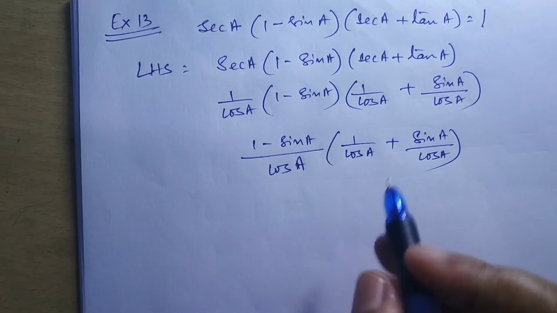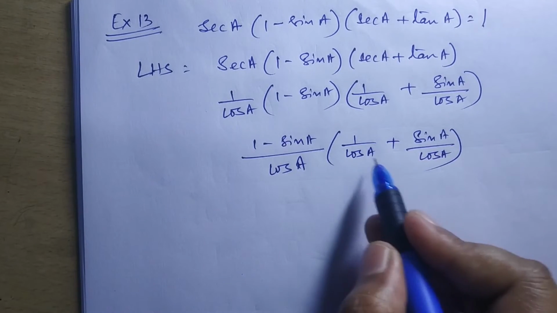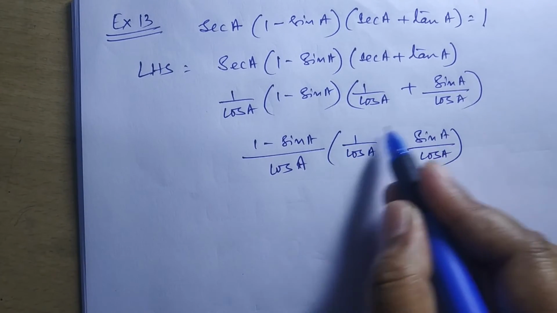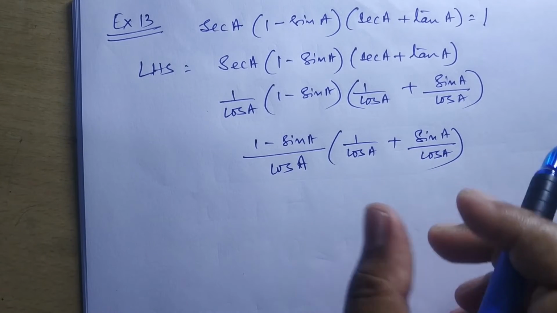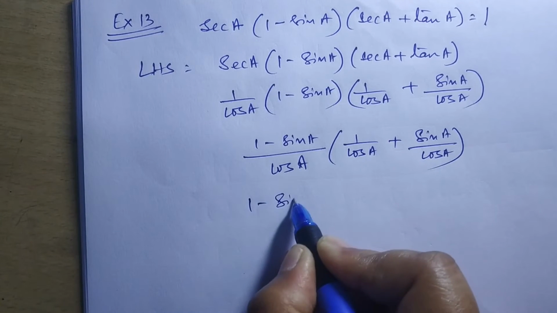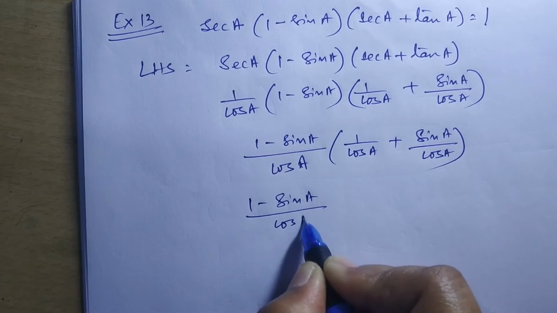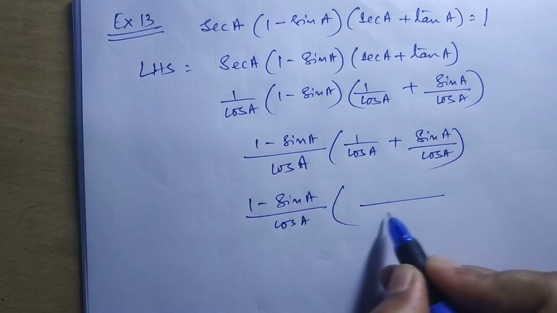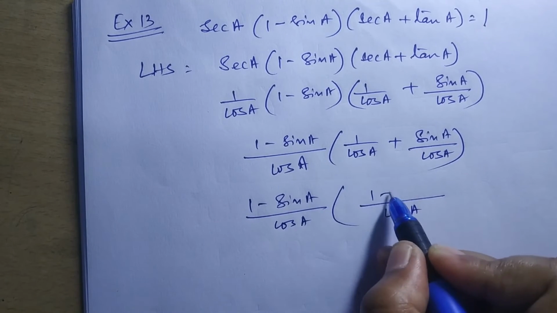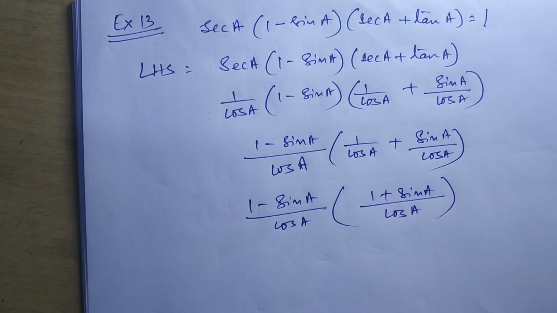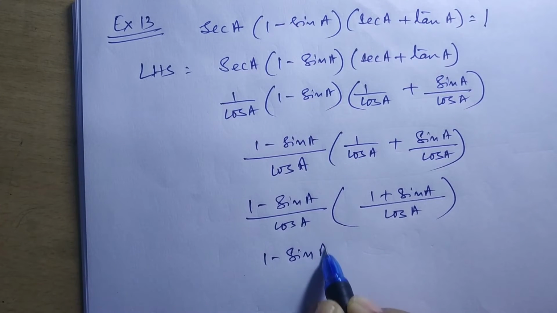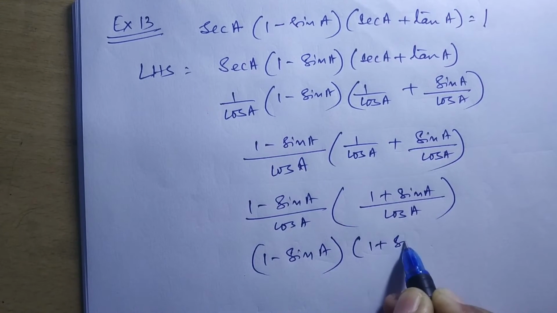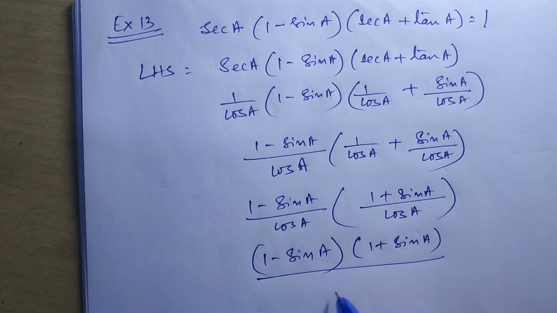Fine? Okay. Now I will complete the bracket part first. 1 minus sin A by cos A. So the bracket part is 1 plus sin A by cos A. Now I'll multiply this. So I have 1 minus sin A into 1 plus sin A by cos square A. Okay.